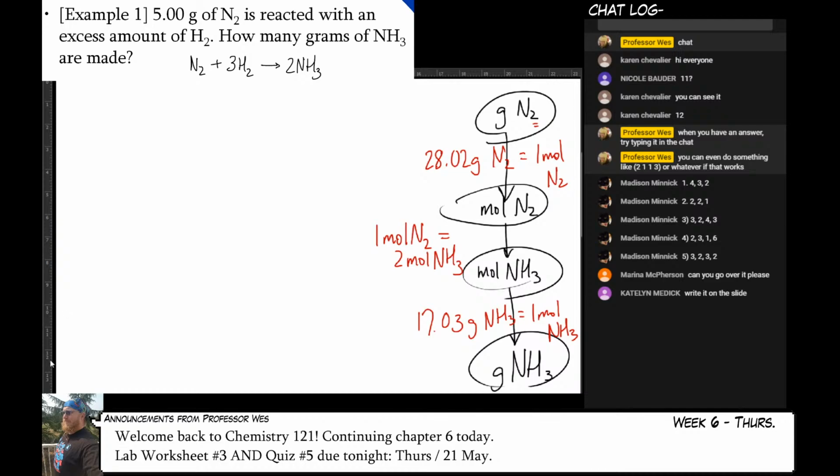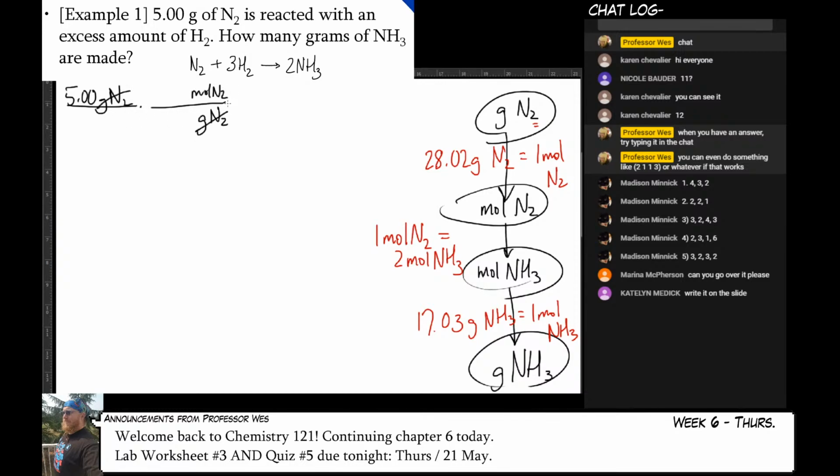All right, we got all the relationships written down. So let's start the problem with what my problem gave me, which is 5 grams of N2. I'll use my little map that I wrote out here to go from grams to moles.